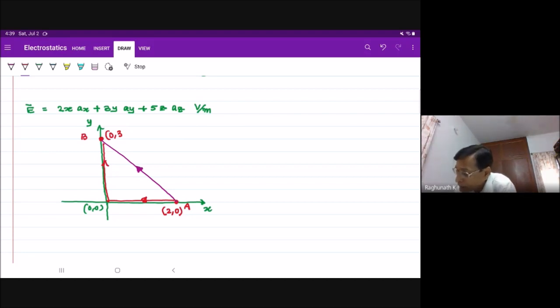I'll even do this, complicating it at the first level itself. 4 means what? It is the z is equal to 4 plane, on which x and y only can change.